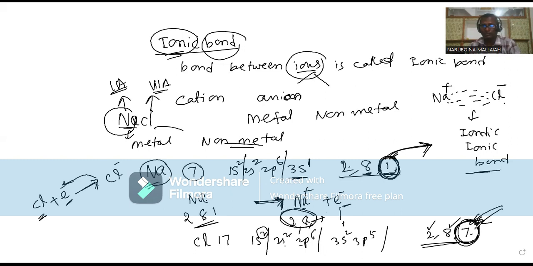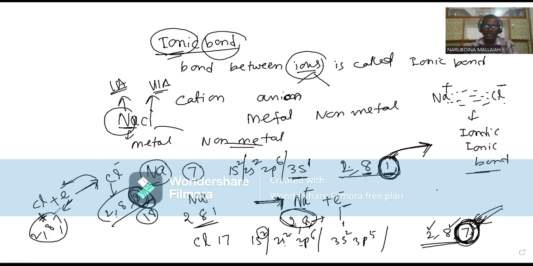Again, here chlorine. Chlorine in the outermost orbit has 7 electrons. By taking 1 electron from sodium, now it has 8 electrons. Now I am writing here chlorine: 2, 8, 8. In chlorine we have 2, 8, 7. This is the configuration. When it receives 1 electron, now it has 8 electrons in its outermost orbit. So this is equal to argon. 2 plus 8, 10, 10 plus 8, 18. 18 is the configuration of argon.